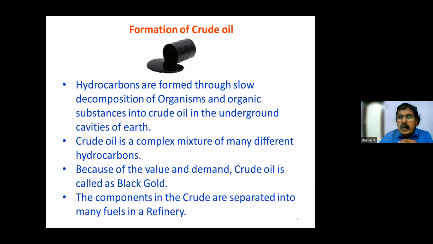Based on its value and demand, it is also called black gold, right? Because you can see that the entire global economy is revolving around the crude price. And these components in the crude are separated into many fuels in a refinery, which we are going to discuss in detail.